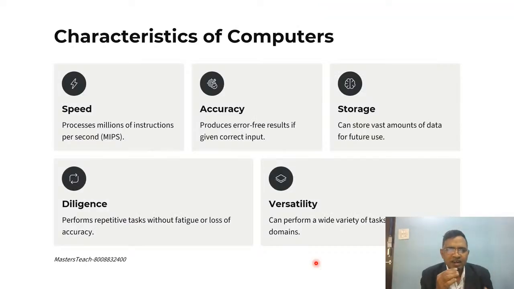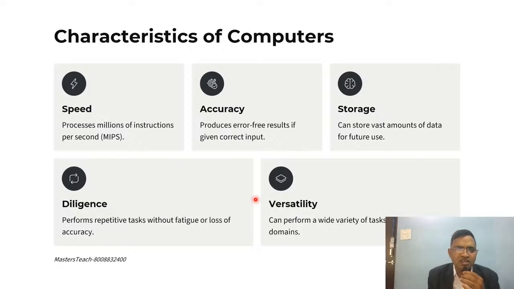What are the characteristics of a computer? One is speed. Within seconds it makes high speed information transmission. This is also called millions of instructions per second. Then accuracy, which gives results without any error. Then storage, you can store n number of information in a computer.